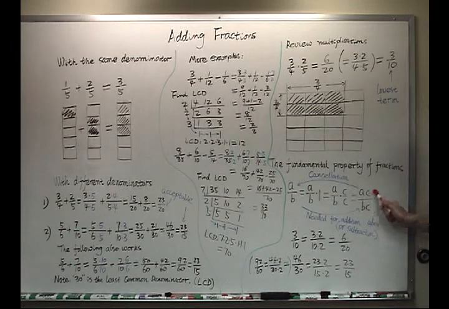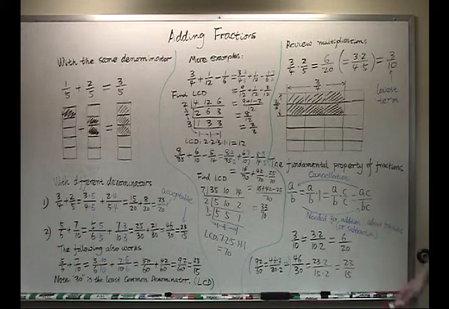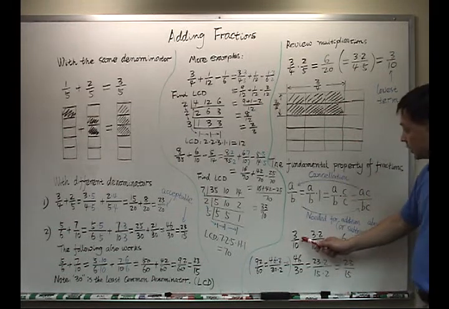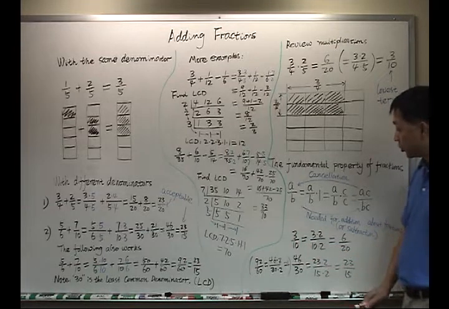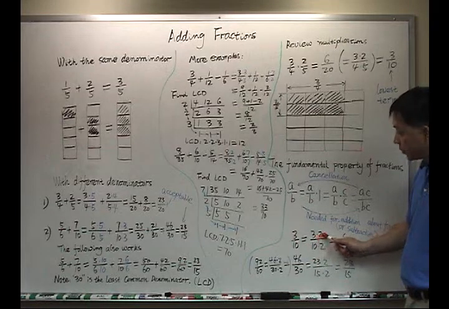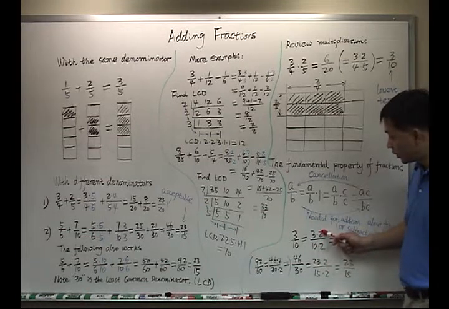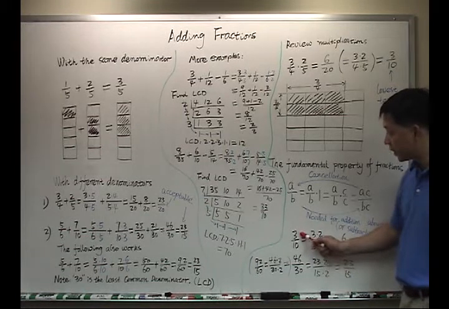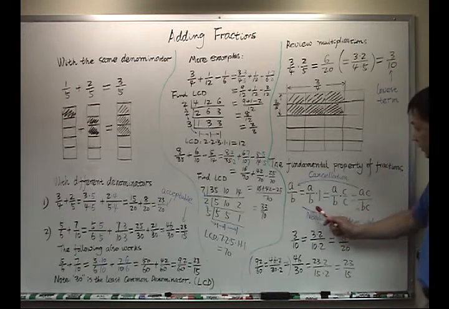Cancel C above and below. Cancel those two C's. Now right here, we'll do it later. Look, 3/10 is actually equal to 3 times 2 over 10 times 2. So you see 2 can be cancelled, you have 3/10. The same thing right here.